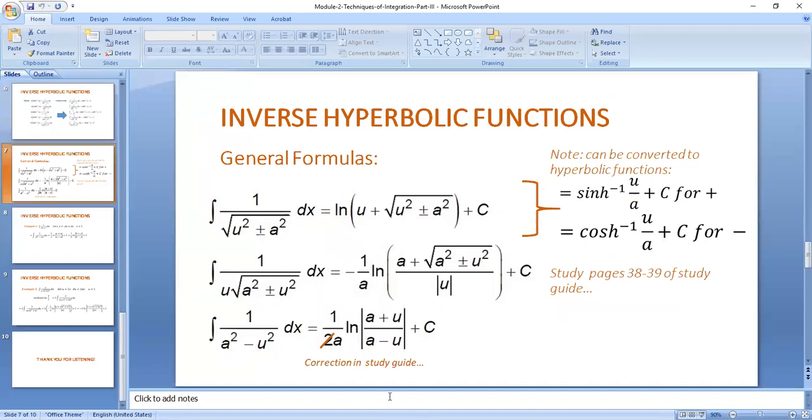So you can see here, if you have 1 over the square root of u squared either plus or minus a squared, the integral for this is the ln of the quantity u plus the square root of u squared plus or minus a squared, that quantity, plus c.